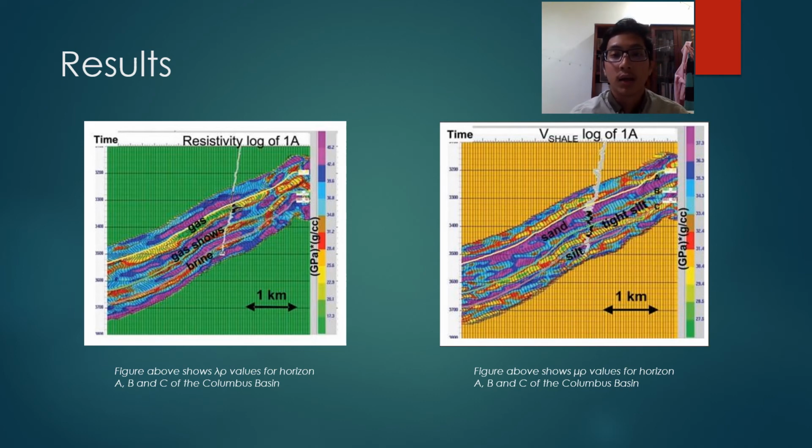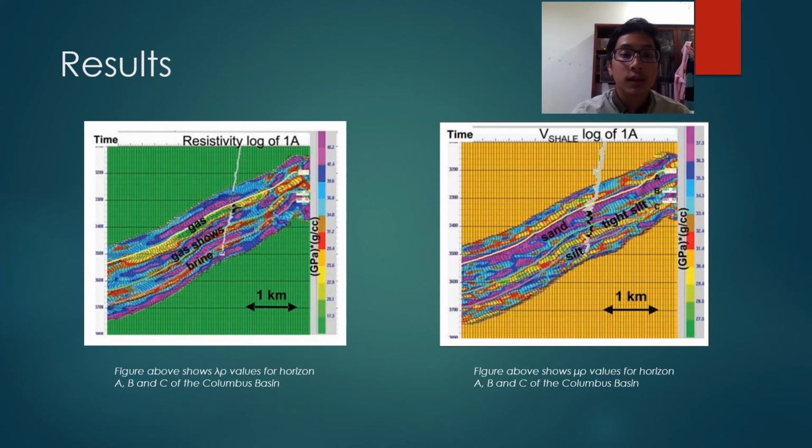Among the CMP stack high amplitude reflections shown in Figure 1, in the introduction, only the shallowest horizon A shows a true gas saturated sand lithology.